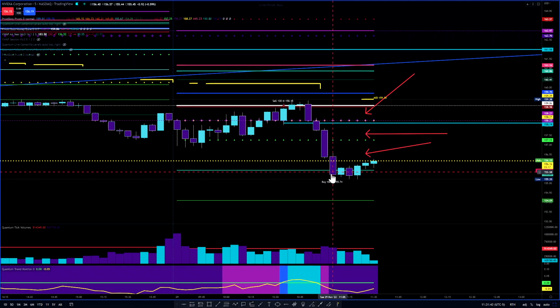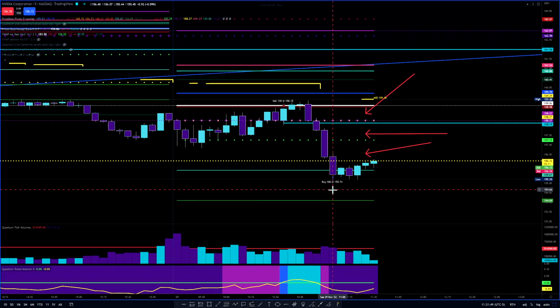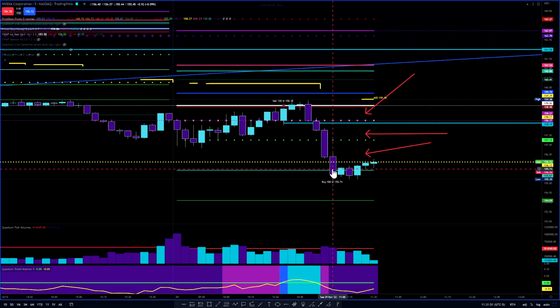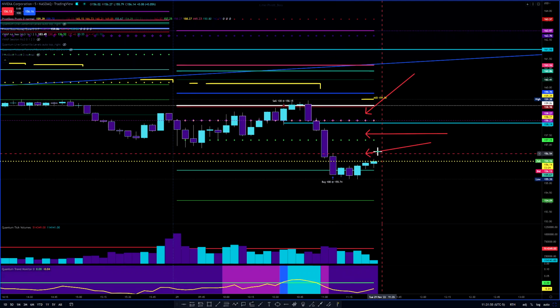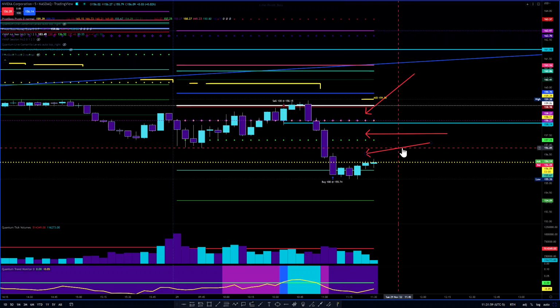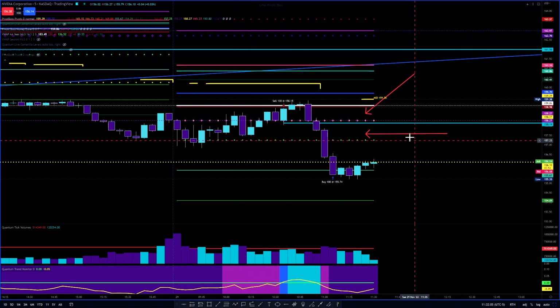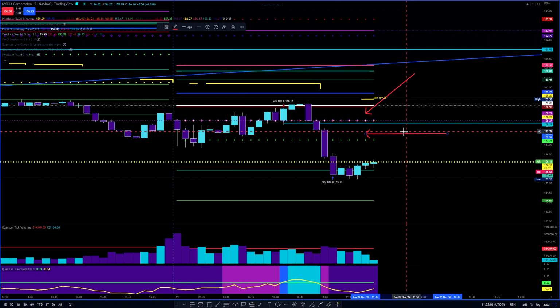So floor pivot S1 was my target at 155.74. You can see I covered right there at 155.74, just above S1. So that's basically my strategy right there. You're going with the trend, but you're looking for the retest, right? Hold on one second.